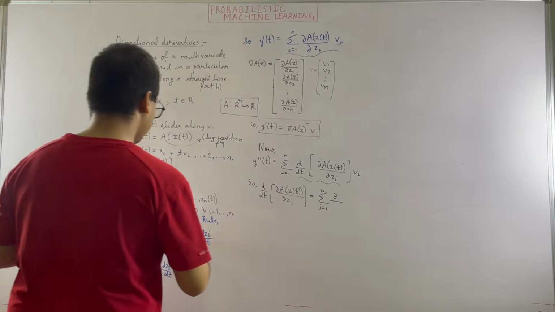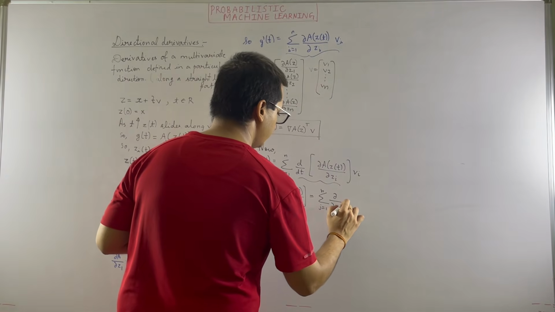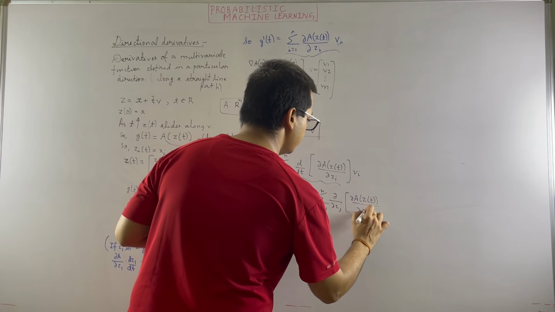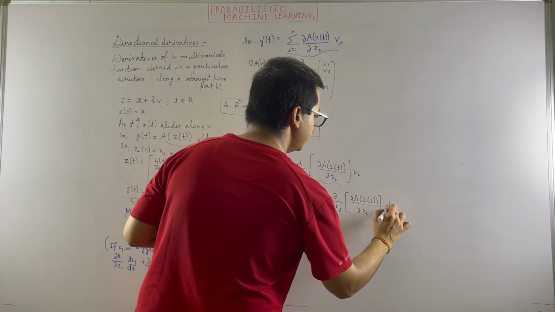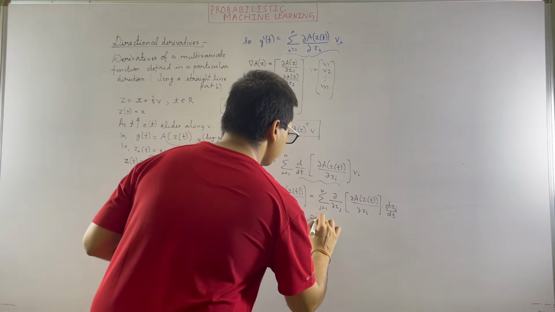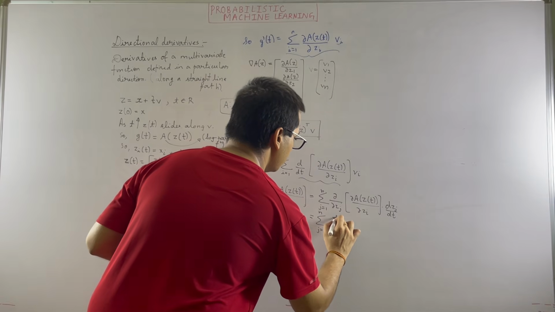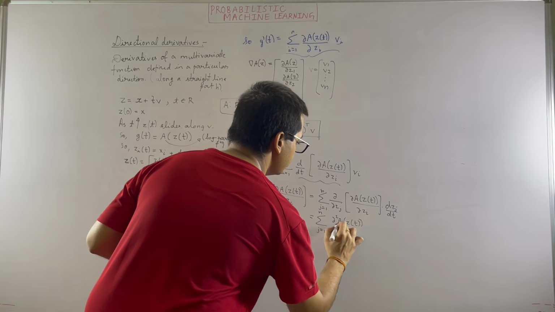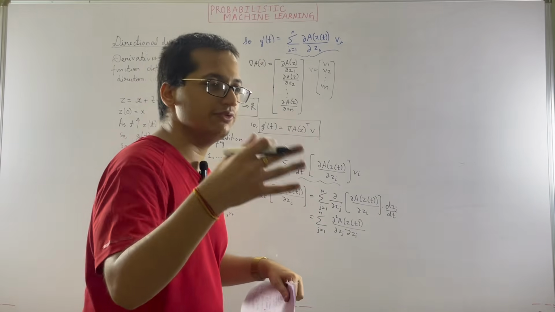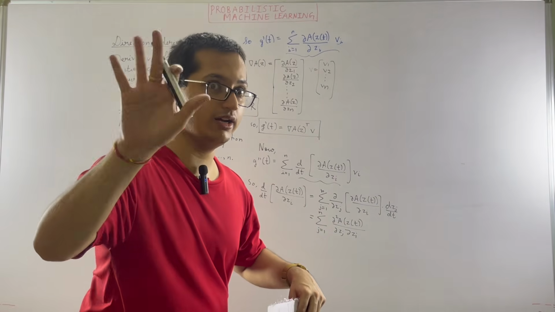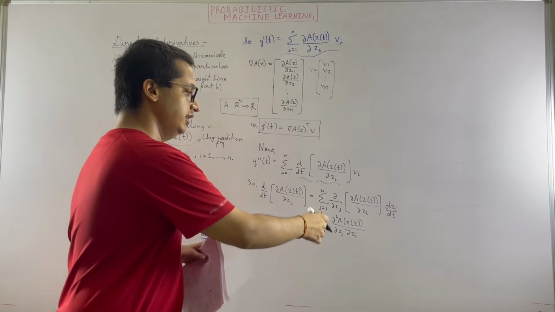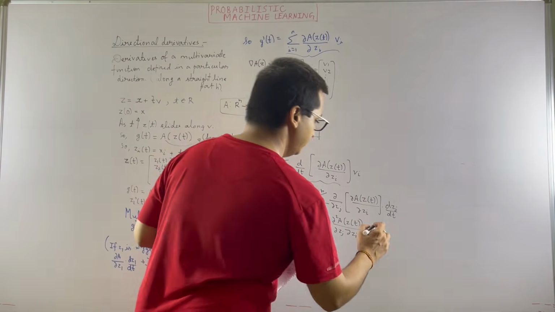Just like I did the ∂zi, now we do ∂zj. ∂A(z(t))/∂zi into dzj/dt. And what is dzj/dt? vj, very simple. So ∂²A(z(t))/∂zj∂zi, and this is the same as ∂zi∂zj, because of the symmetry of this Hessian or the covariance. So there is symmetry: ∂zj∂zi will be the same whether I write i here or j here, okay? And this is vj.